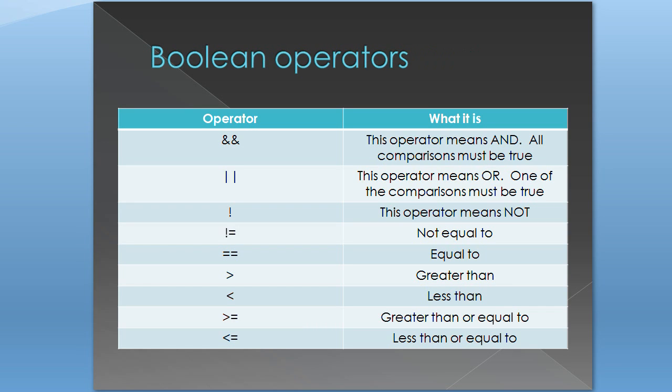So last time we talked about Boolean operations, and I'll go back into that again for this one. To the left is the operator, and to the right is what it will do in your program. The operator double ampersand stands for and.